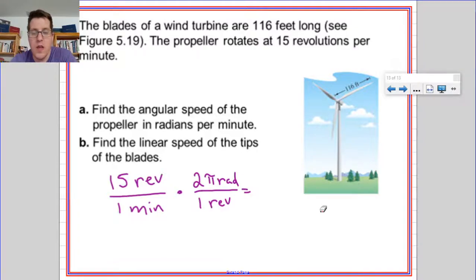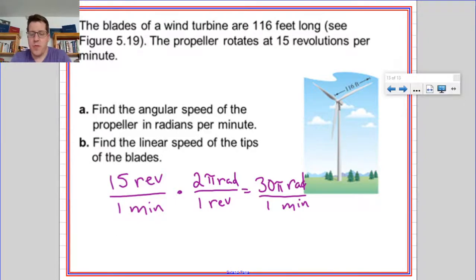Remember, a circle has a circumference of 2 pi, and there are 2 pi radians in a circle. When we multiply that together, we're going to get 30 pi radians per 1 minute. And that is the angular speed of the propeller in radians per minute.